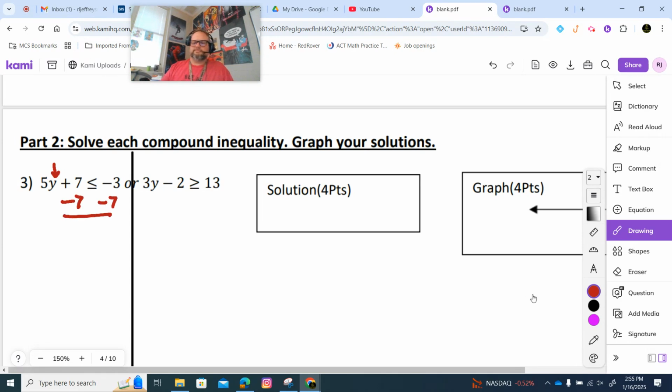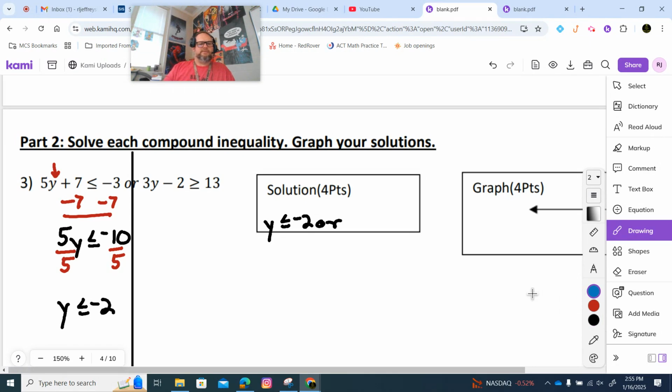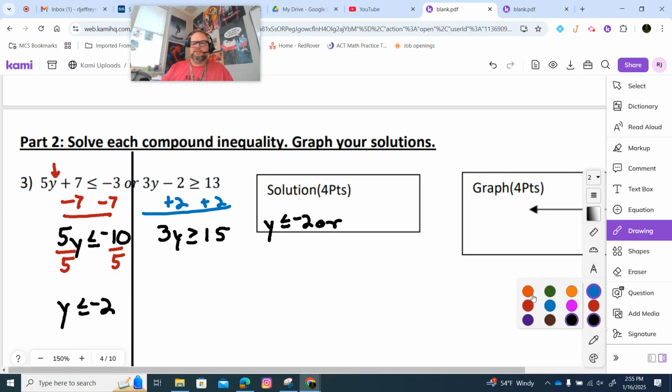So subtract 7. Then on the right side, 3y is greater than or equal to 15, divided by 3, divided by 3.